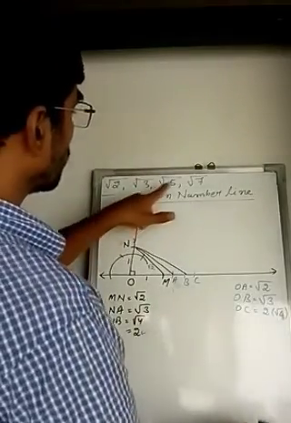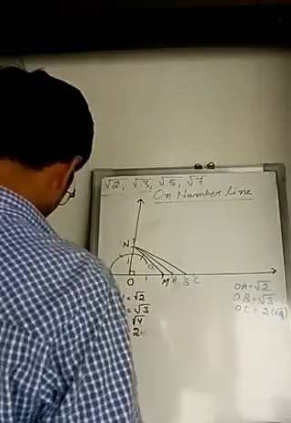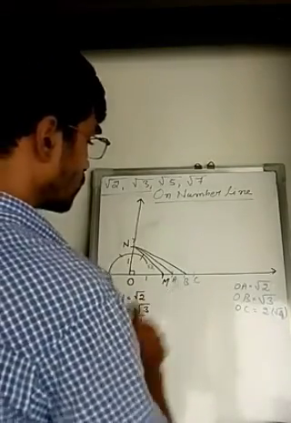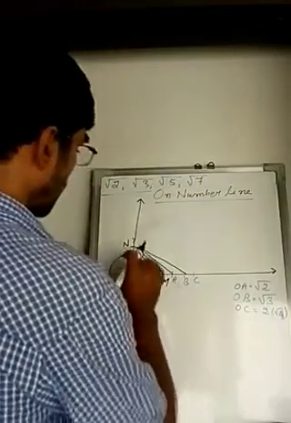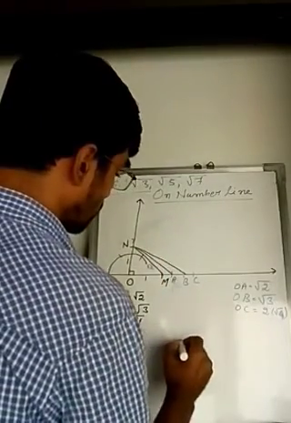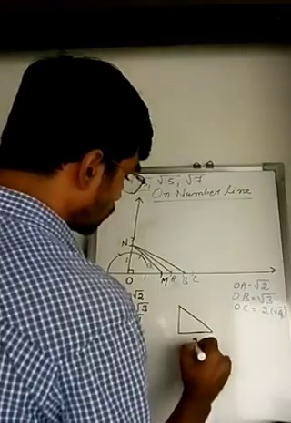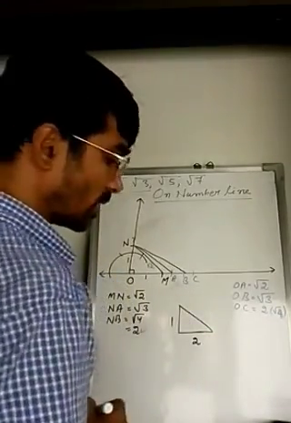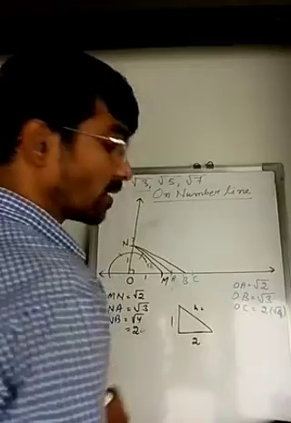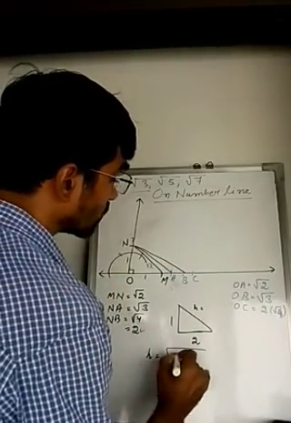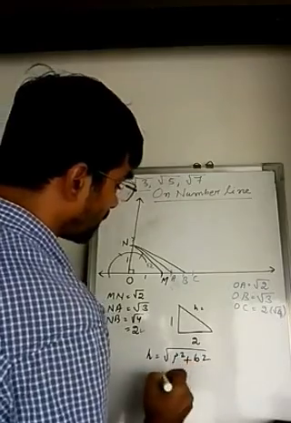Now next I am going to find out root 5. See here, I got OC equals 2 and ON equals 1. Then in a right angle triangle, if the base becomes 2 and the height becomes 1, what will happen to the hypotenuse? Then we can take x equals square root of p square plus b square.